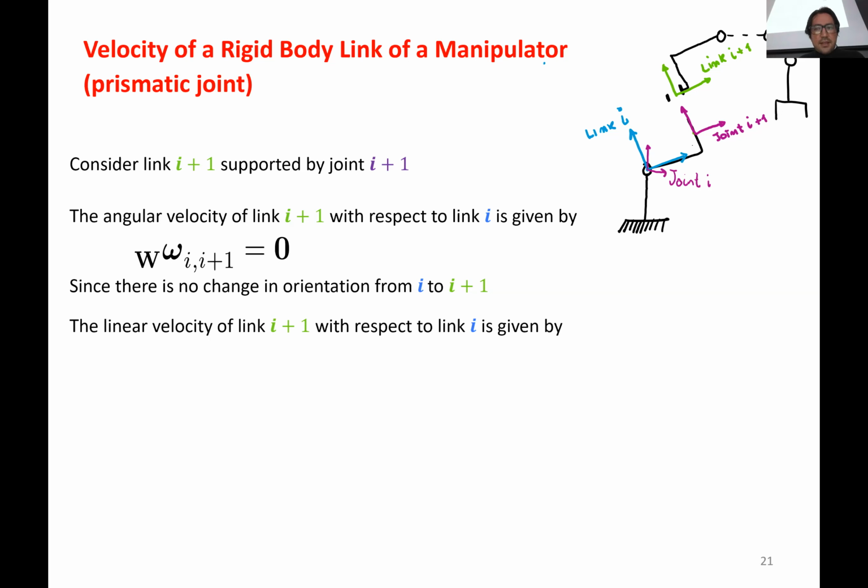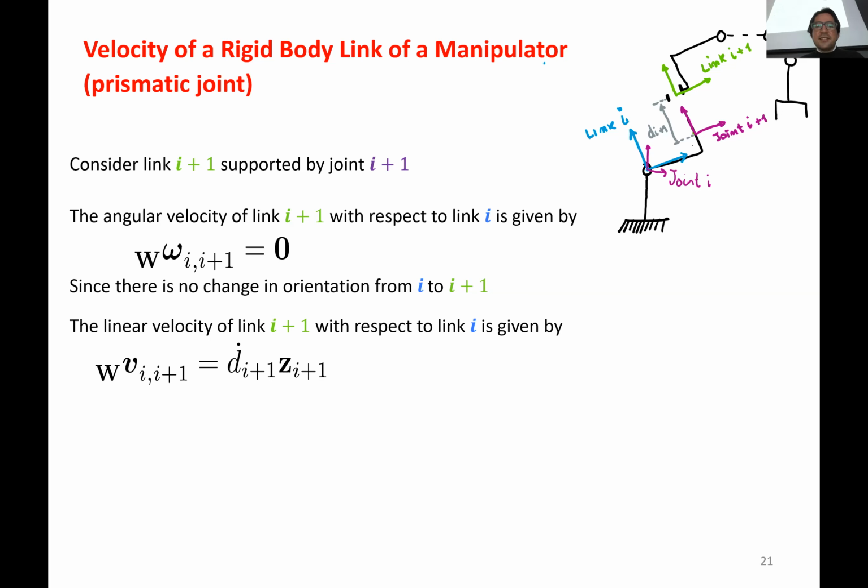Okay, it's just the displacement given along the axis of joint I+1. Then we take the time derivative of this, because these variables, remember, are time dependent. These are our joint variables. And this is the linear velocity given from link I to link I+1.